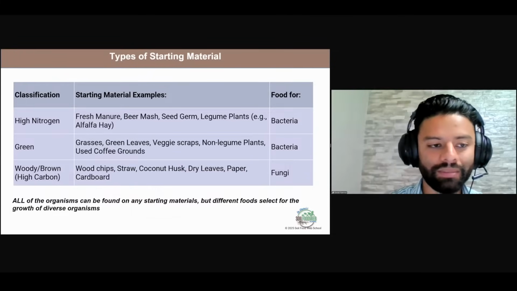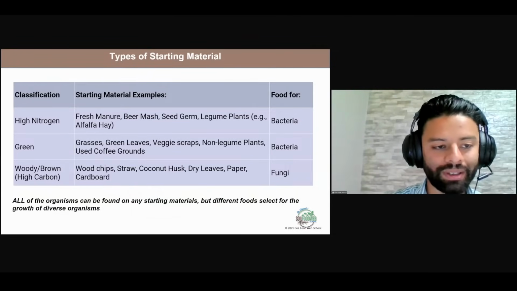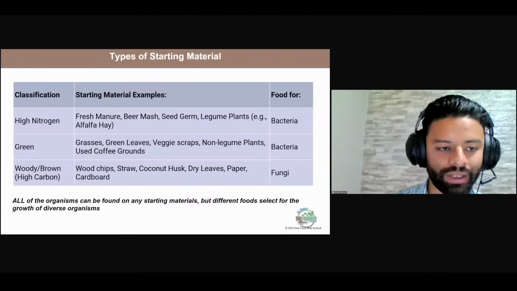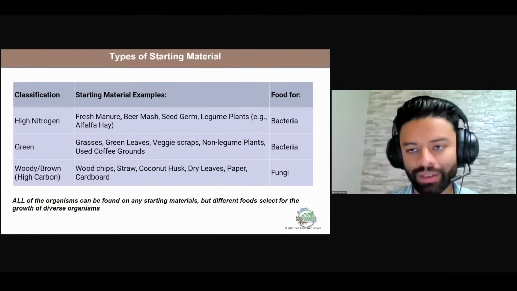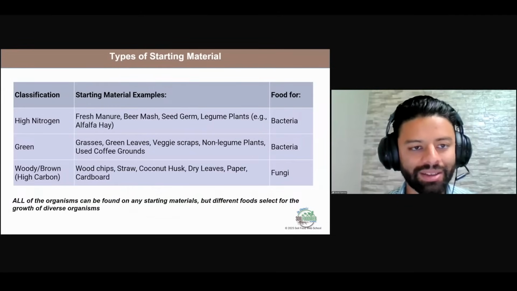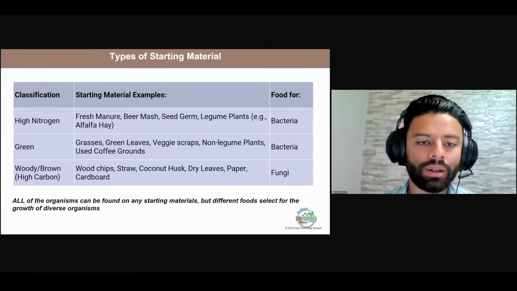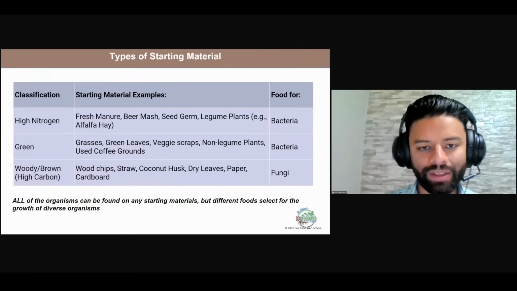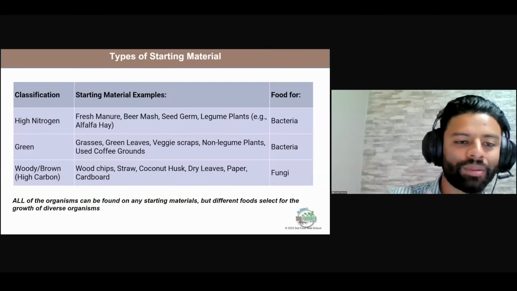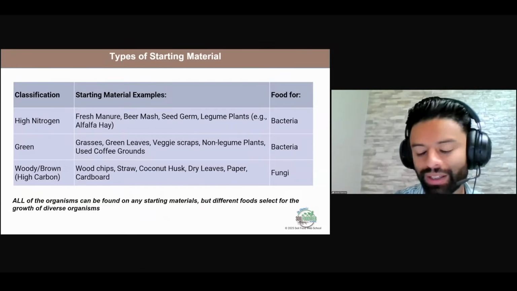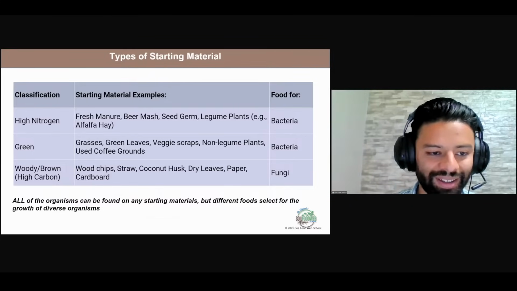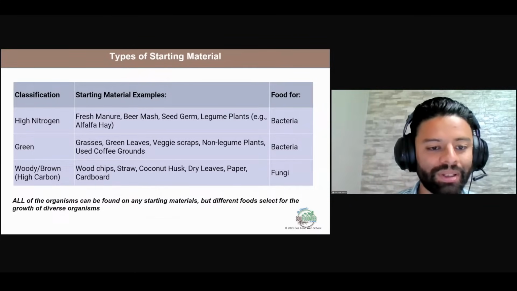And as you can see, the bacteria tend to prefer the high nitrogen and the green, whereas the fungi prefer the woody or brown components of that compost recipe. So again, it's about this balance that I was mentioning. These different foods will stimulate different groups of decomposers, and then those decomposers will start stimulating their predators, and that way we start enhancing our system.